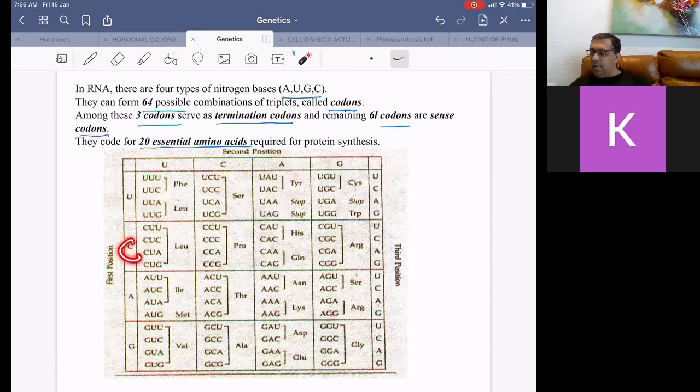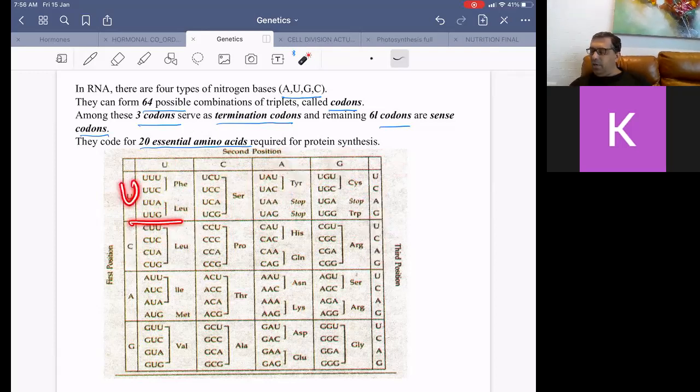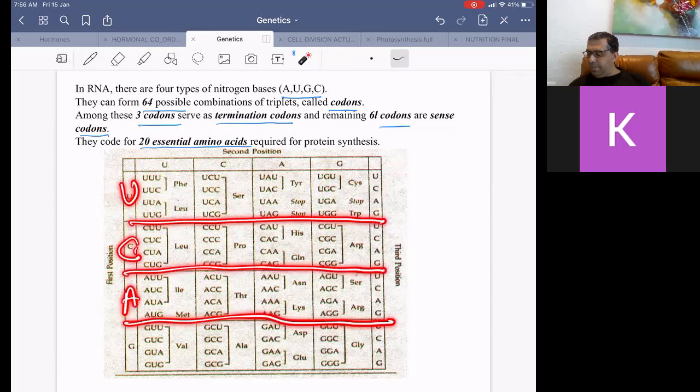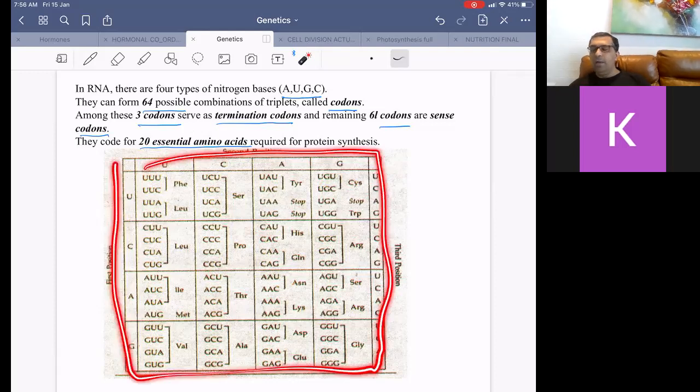Similarly, you have CUU, CUC, CUA, CUG. Similarly, CC series, CA series, CG series, and similarly, U will make 16 codons, C will make 16 codons, A will make 16 codons, G will make 16 codons. So a total of 64 codons are made.